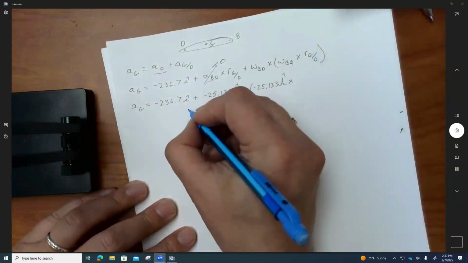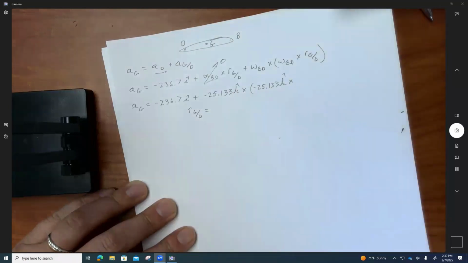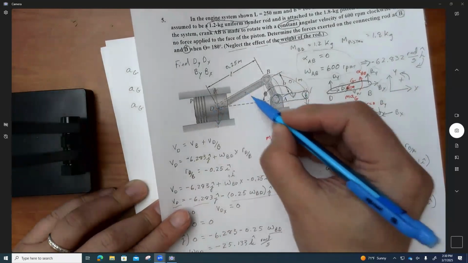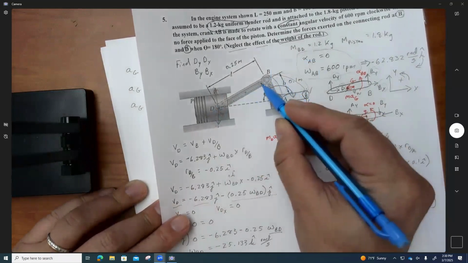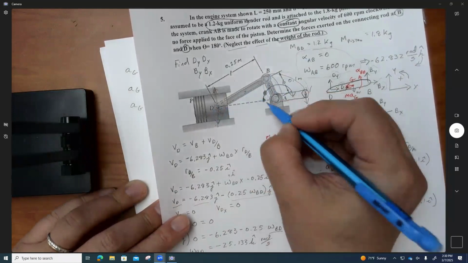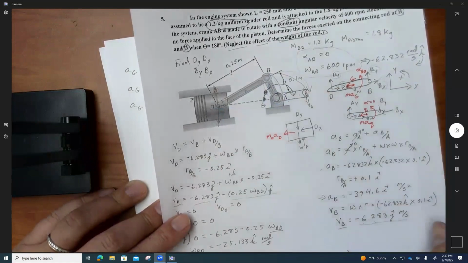Okay, now I've got a new position vector, r of G relative to D. When it's all flat, the center of this rod is going to flip over. We're going to be somewhere around there. G, the center, relative to D, is going to be to the right.